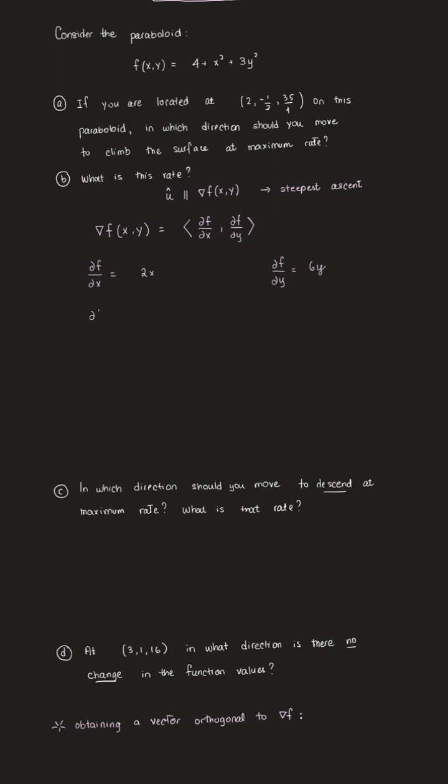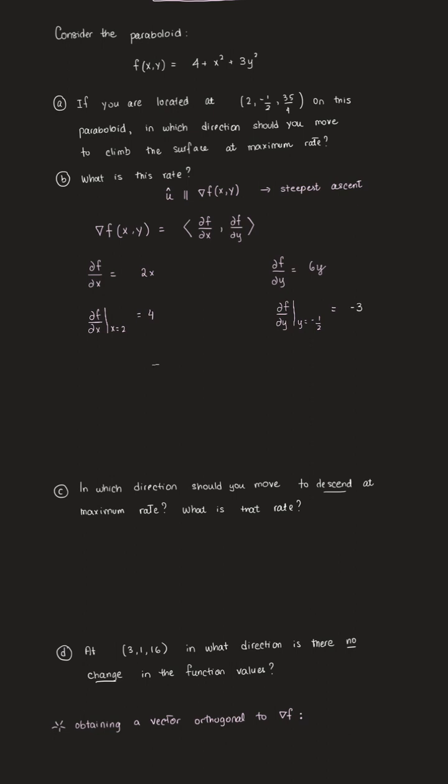So our partial derivative when x is 2 has a value of 4, and our partial derivative with respect to y when y is negative a half, since this only depends on y, will be negative 3.